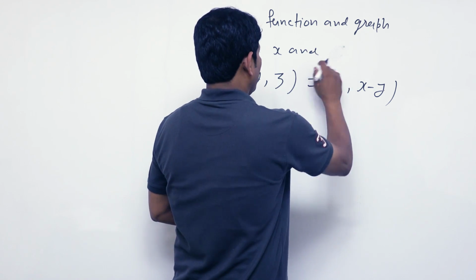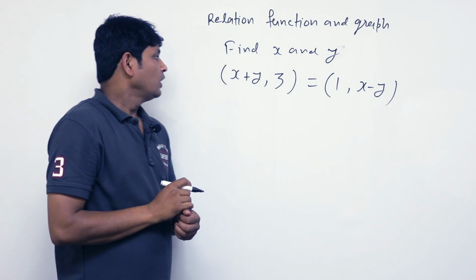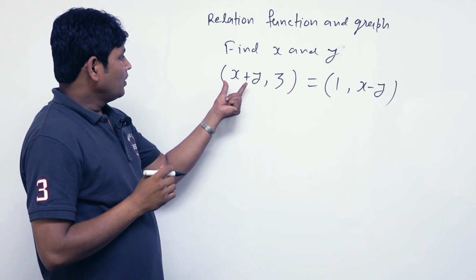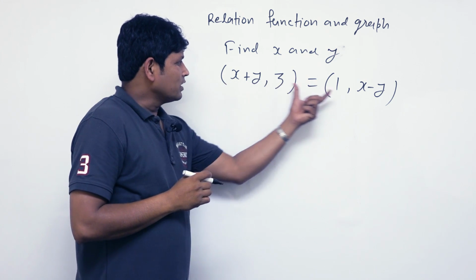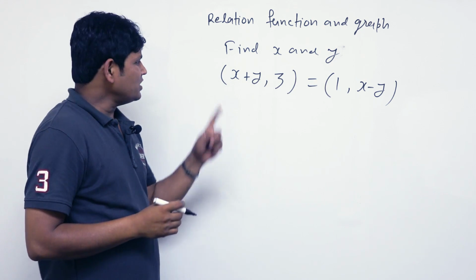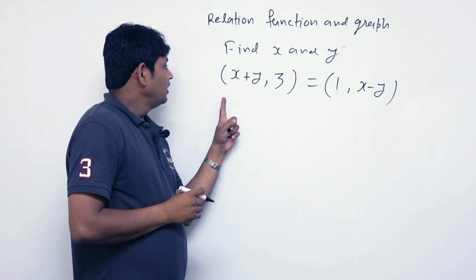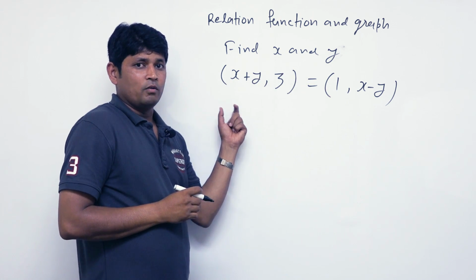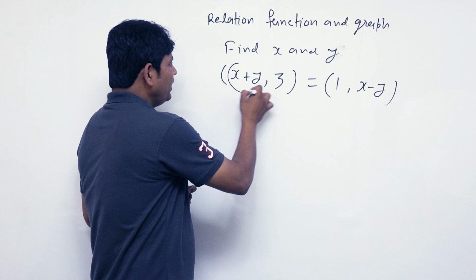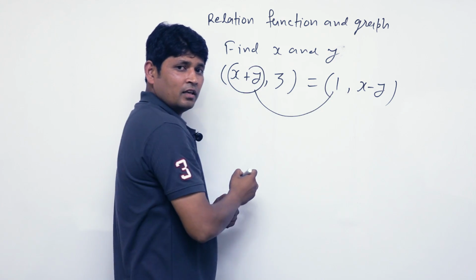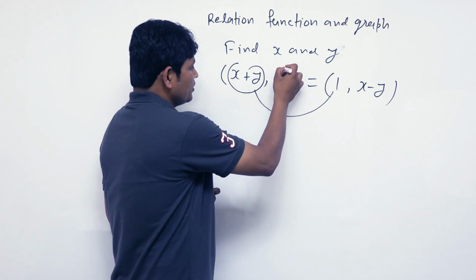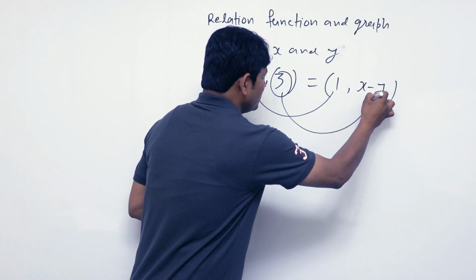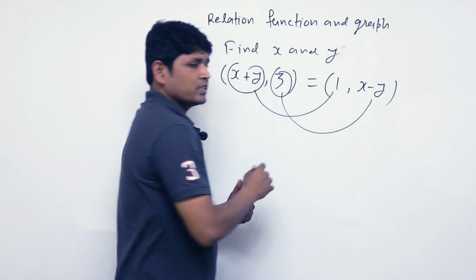So how can we do this? As I explained before, if two ordered pairs are equal, then their corresponding first components should be equal, and the corresponding second components are also equal.